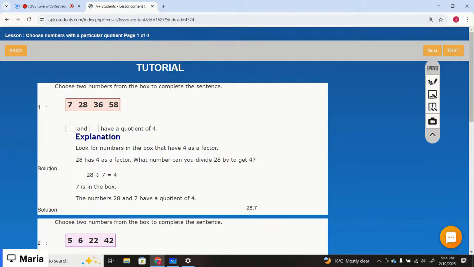Choose two numbers from the box to complete the division sentence. Which two numbers have the quotient of 4?